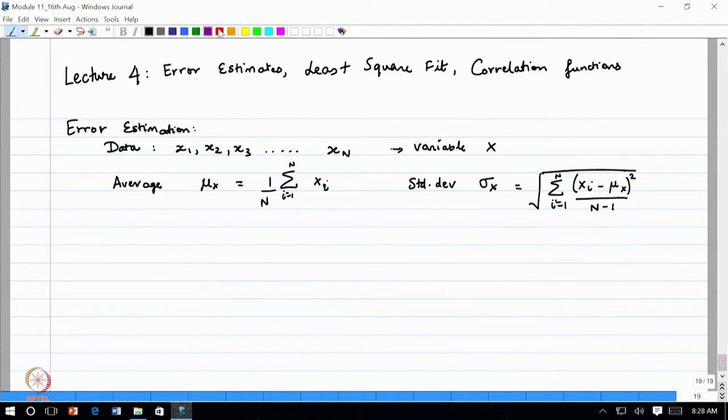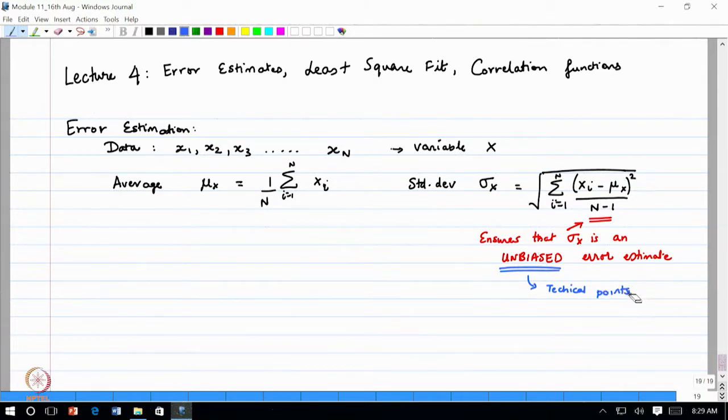Now we should note, really emphasize again, that the n minus 1 is there to ensure that sigma x is an unbiased error estimate. I am not going to talk about the meaning of the word unbiased, but this is a technical point, and you can read in various books.